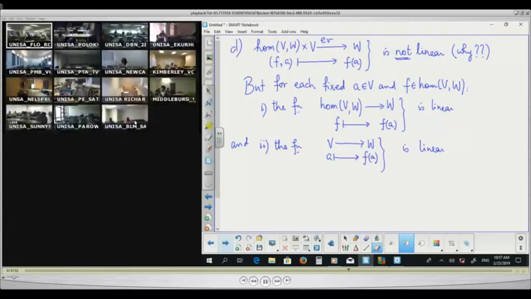See, if I fix an F and I fix an A, the evaluation is linear. Such maps are often called bilinear maps. We shall come back to this much later, near the end, but these are called bilinear maps and these are not linear. This is not linear. Okay? So this is one nice example.